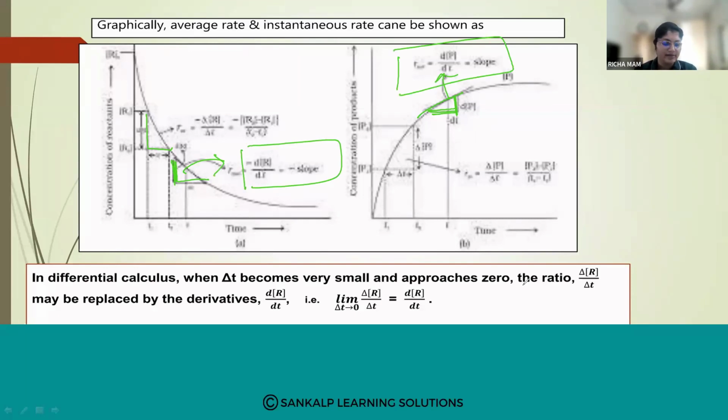So this was about your instantaneous rate. Let us see two questions.